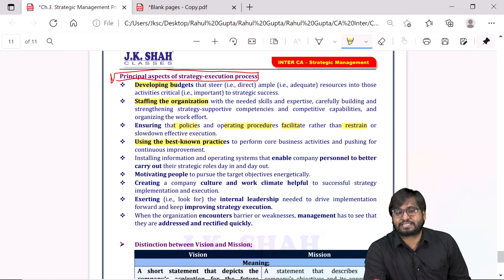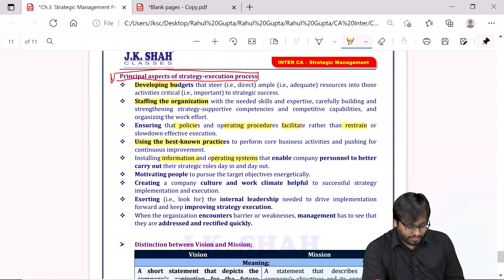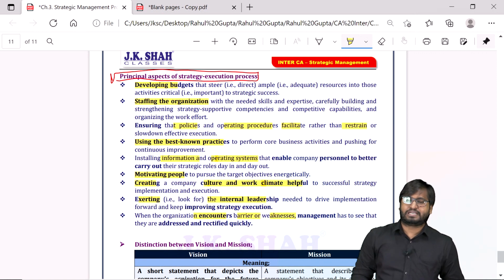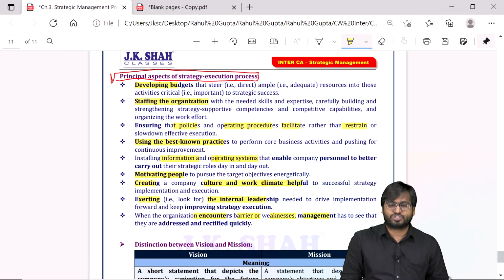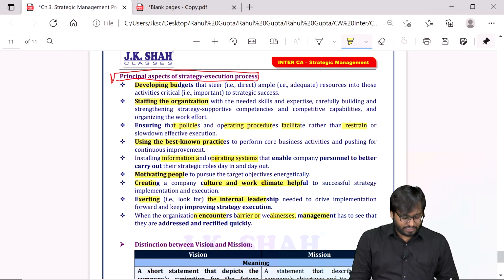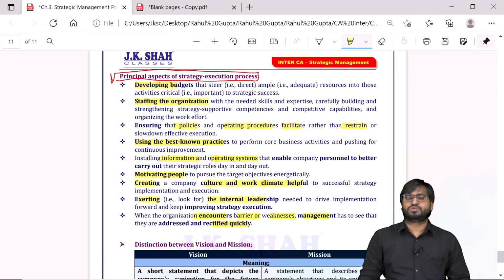Use best known practices. Install information and operating systems. Motivate the employees. Create a good work culture and climate. Exert internal leadership. When the organization encounters any barriers or weakness, if there is any problem in strategy execution, management help should be taken in order to rectify those quickly.